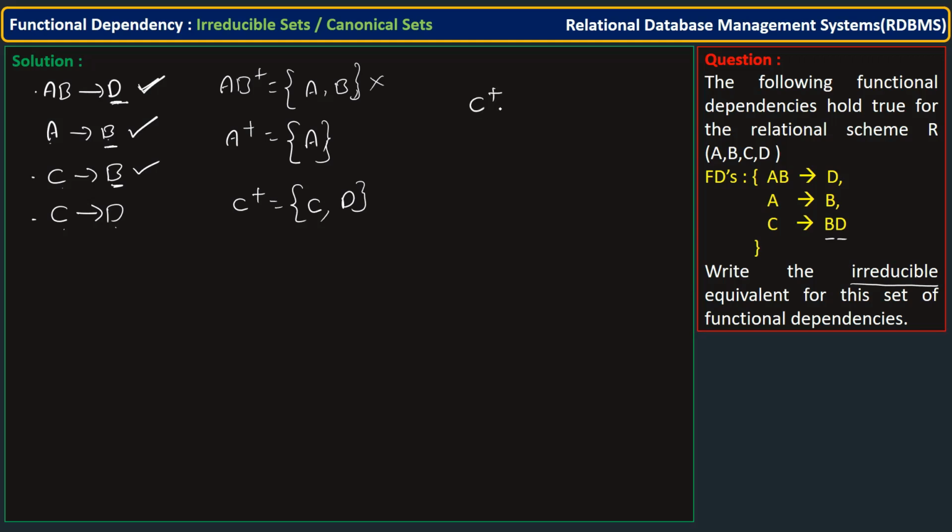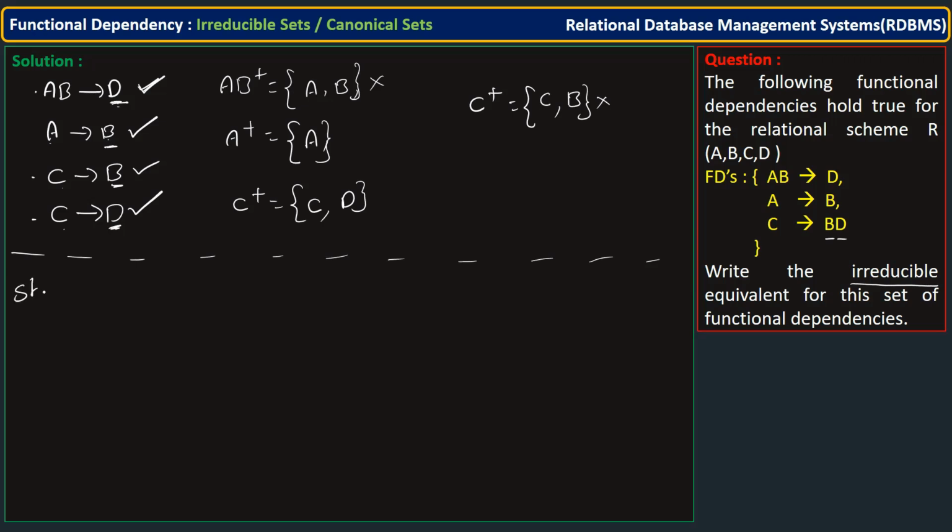Similarly, if you find the C closure without this other FD, it is generating B, but we need D. From these three, by using C or B or both combined, we are unable to generate D. So this is also essential. That is what step one and step two did: write single attributes on the LHS and RHS, then take every FD and cross-check whether it is essential or not in this manner.